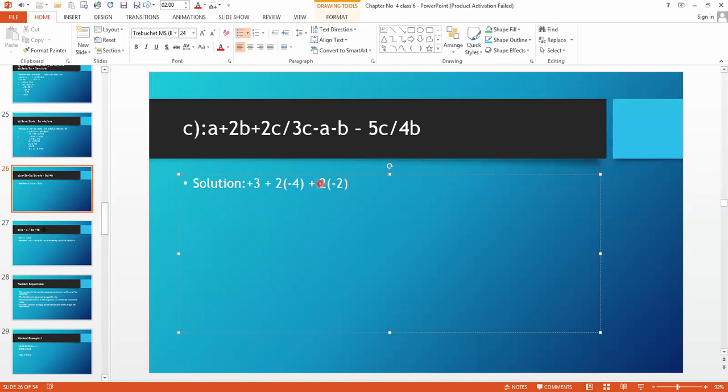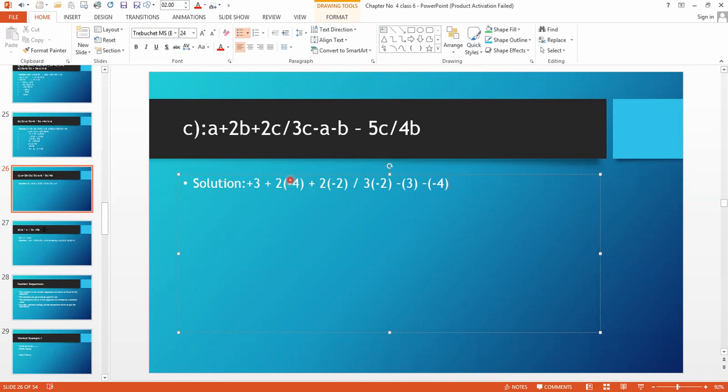Now all of you remember all these values. And all this is divisible by 3C. 3 in a bracket. You have to write the value of C, that is -2. 3C minus A, its value is 3. And next you have to write minus B, and the value of B is equal to -4.